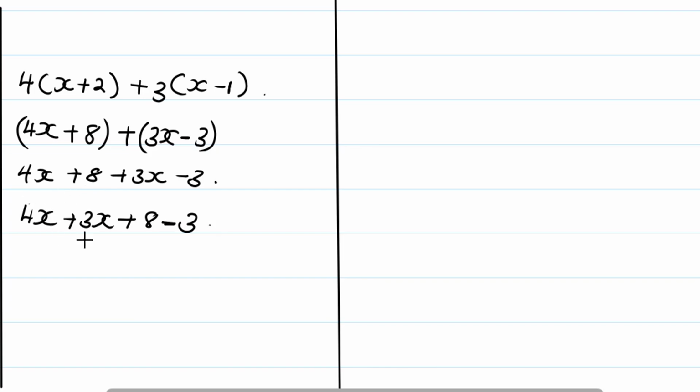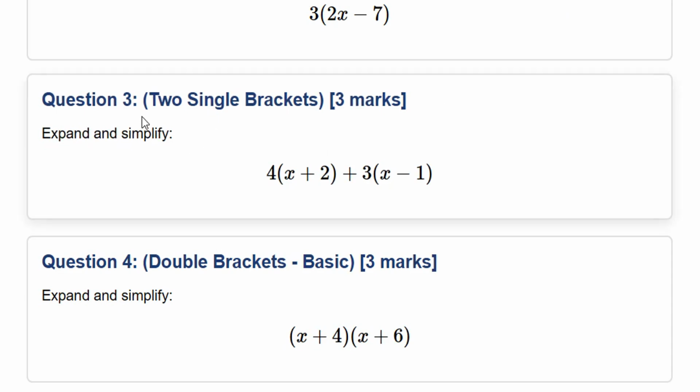Then I go ahead and simplify them. I have 4x plus 3x, which is 7x, because 4 plus 3 is 7, then I put the x, then plus 8 minus 3, which is 5, like that. And that becomes the solution for this question 3.